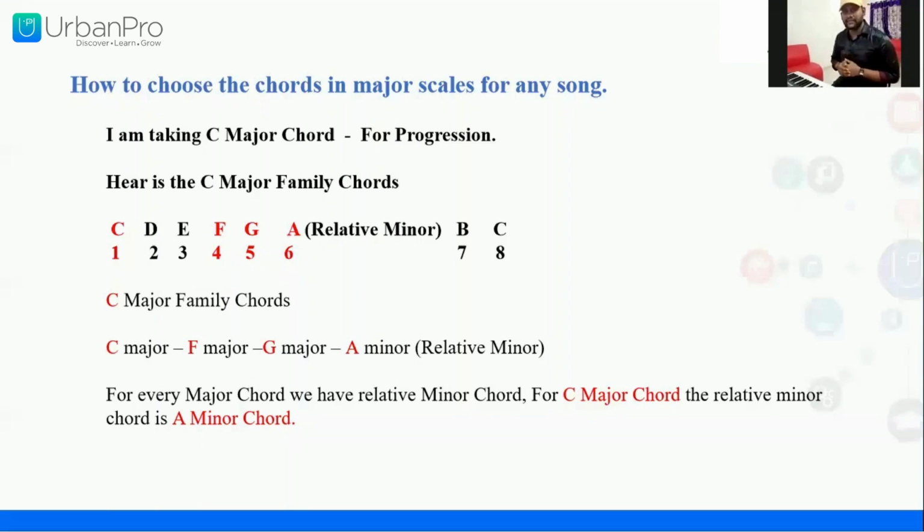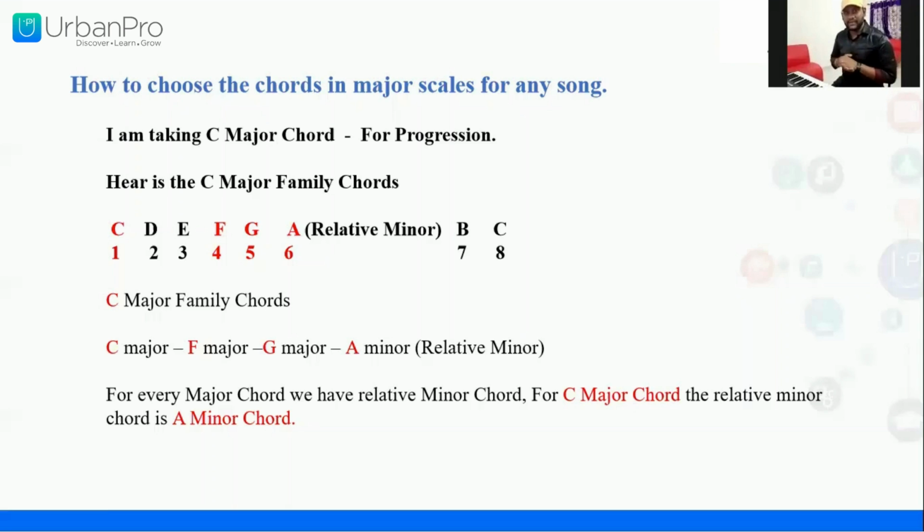We can see in the further classes. For your convenience, to make it a little bit easy, the C major family chords are C, F, G, and A. Actually, the main chords are only three chords: C, F, and G. So the first position is C, the fourth position is F, and the fifth position is G.